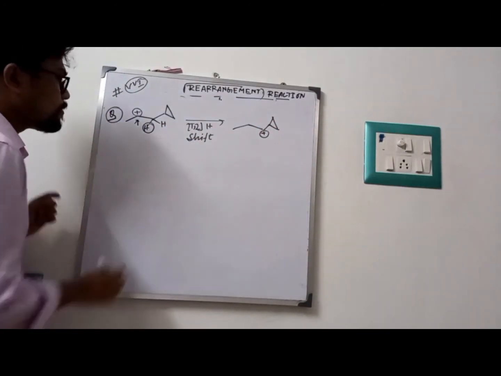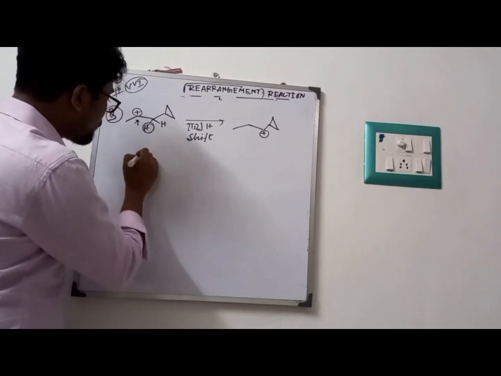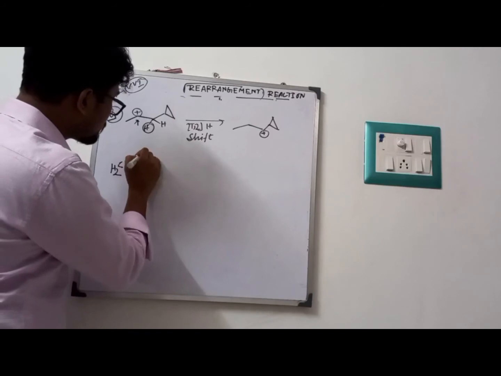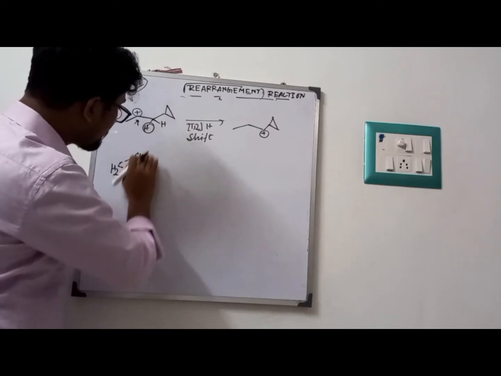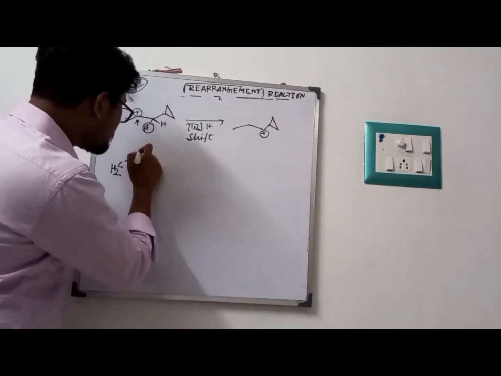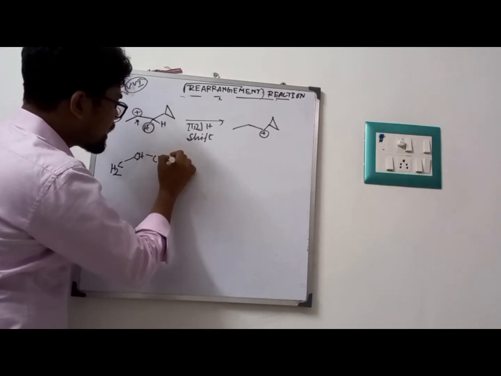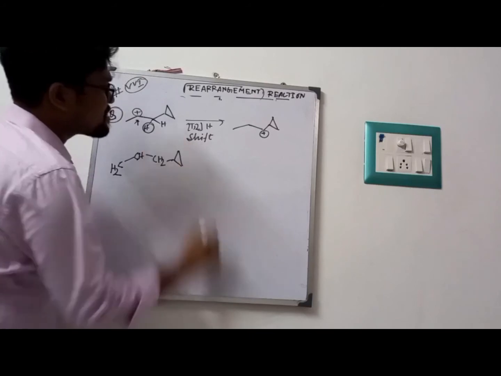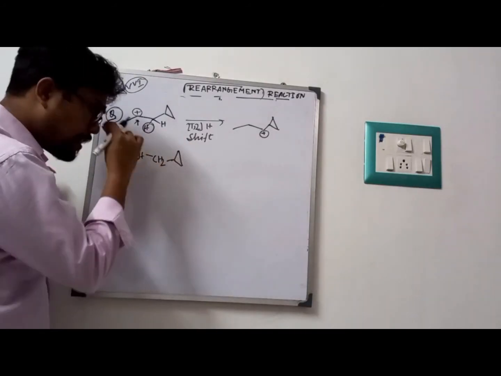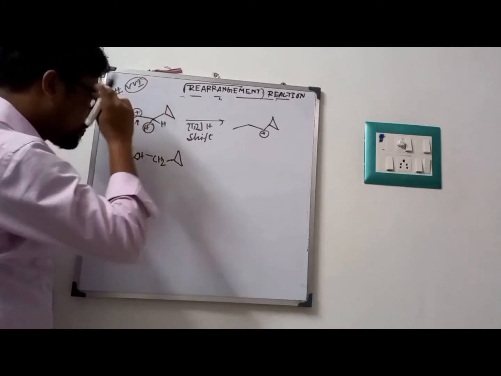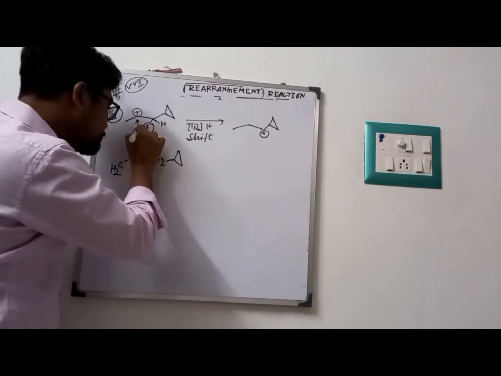Now look very carefully. If I write it properly, this is CH, this is CH2, and again this is the 3-member cyclopropane ring. This is known as cyclopropane. Fine. This is a NEET or JEE level question.